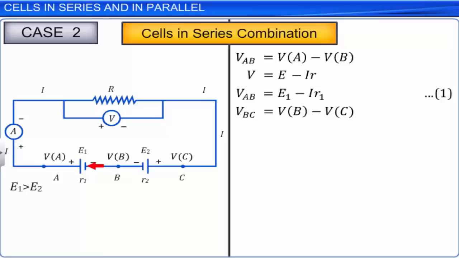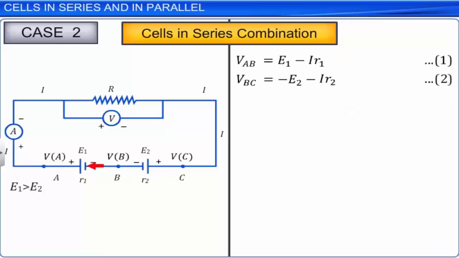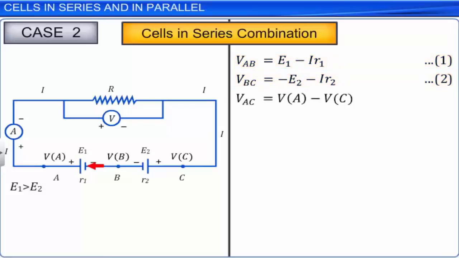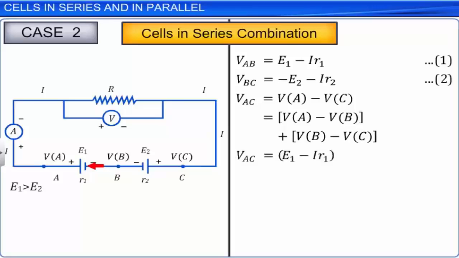Writing the equation for VAC, by substituting equations 1 and 2, simplifying and putting it in the equivalent form, we get EEQ is equal to E1 minus E2.